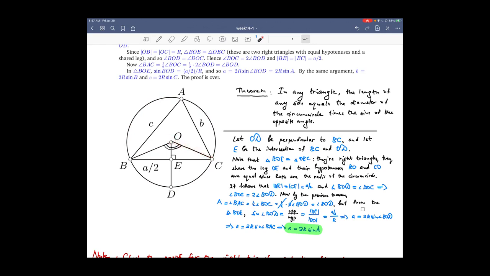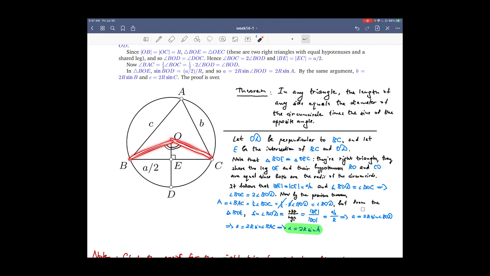We quickly note that the triangles OBE and OEC are equal. Why is that? Both are right triangles, because by construction OD was a perpendicular dropped from point O. OBE and OEC are right triangles in which hypotenuses are equal.